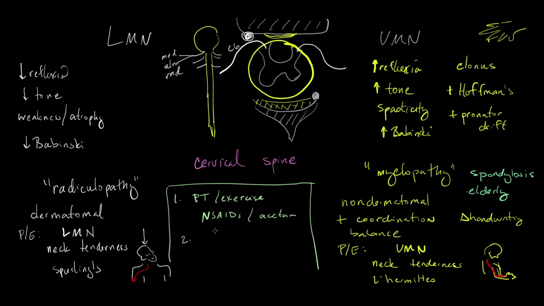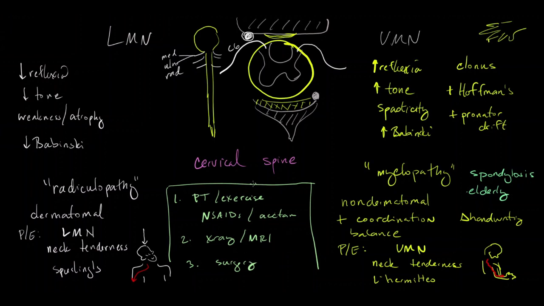If that doesn't work for a period of time, say 6 weeks, the next step, if they have neurologic findings, and both in cervical radiculopathy and myelopathy you have neurologic findings, is you order an X-ray and an MRI, after which you will refer to some sort of surgeon.